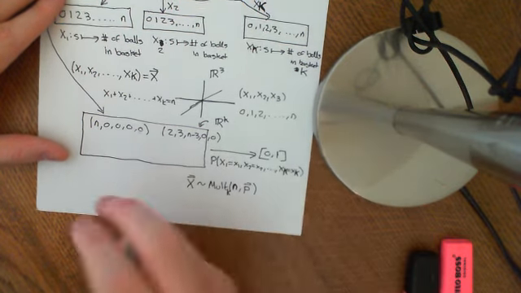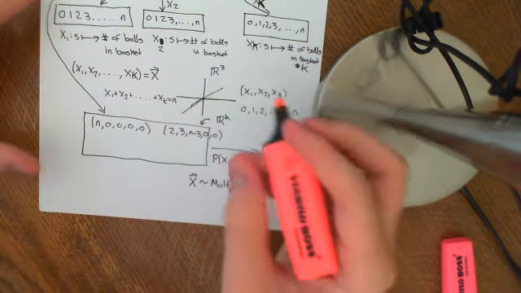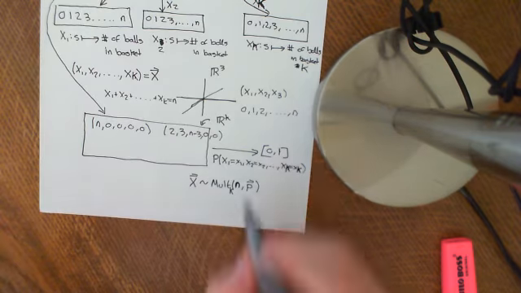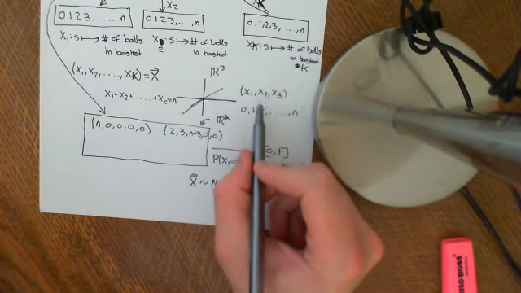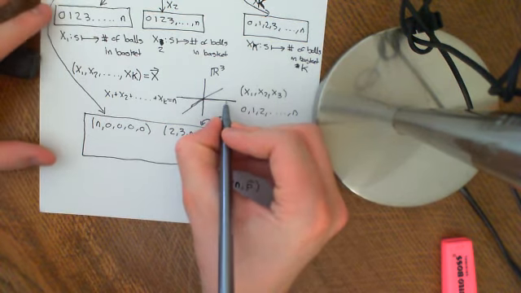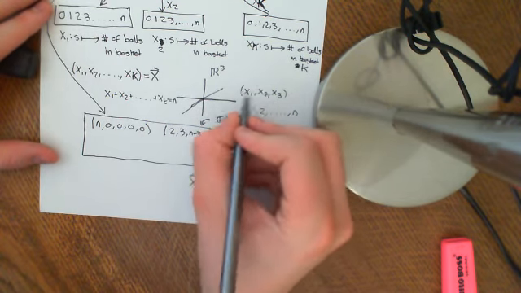So if x1 can take on every single value, it can, but there's a restriction on it, remember. All of them together have to add up to n. So the first possibility is that x1 is equal to n, and x2 and x3 are equal to 0.